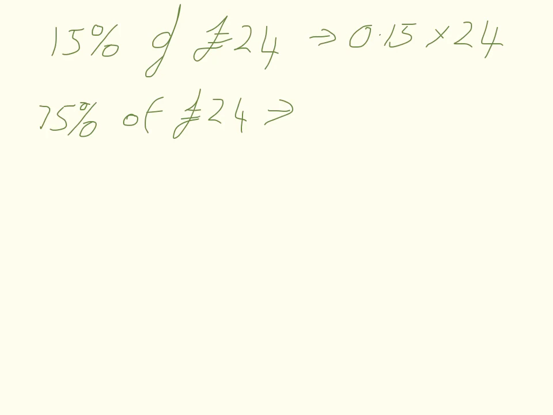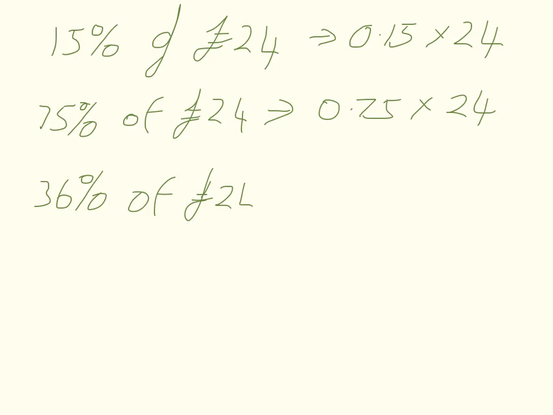I would actually do 0.75 times 24. Have you spotted the pattern yet? If I want to do 36% of £24, then what I'll actually type into my calculator is 0.36 multiplied by 24.